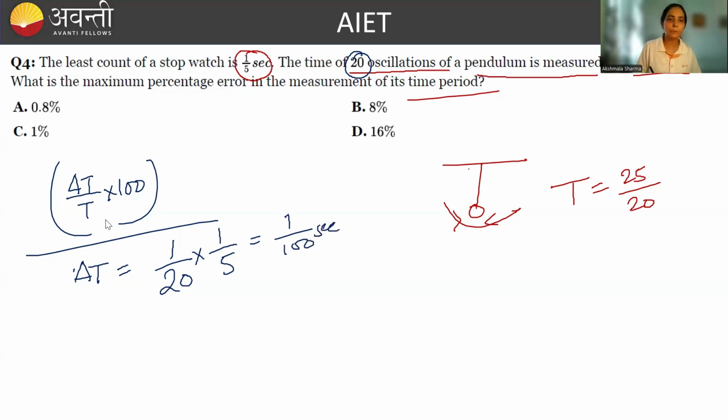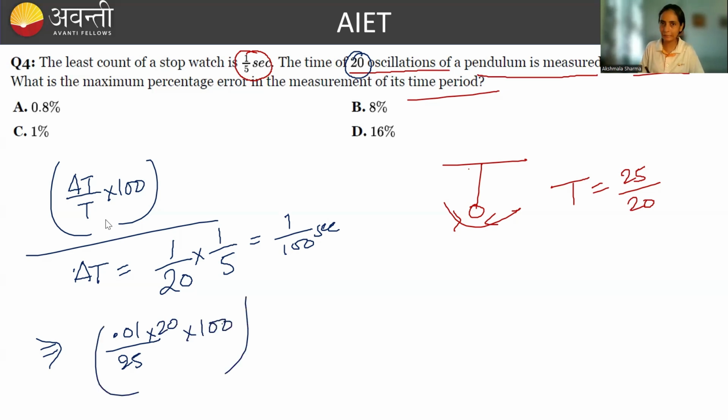Now we can put the value and get the answer. So what will be the answer here? This is 0.01 divided by T, T is 25 by 20, and this is into 100. Then this is the percentage error in time, right? So if you cut this and cut these two things, what answer are you going to get?